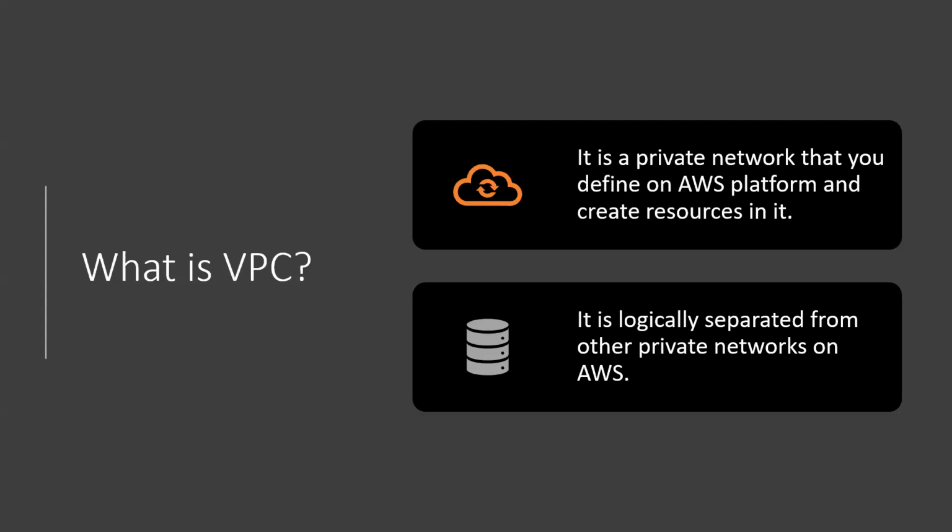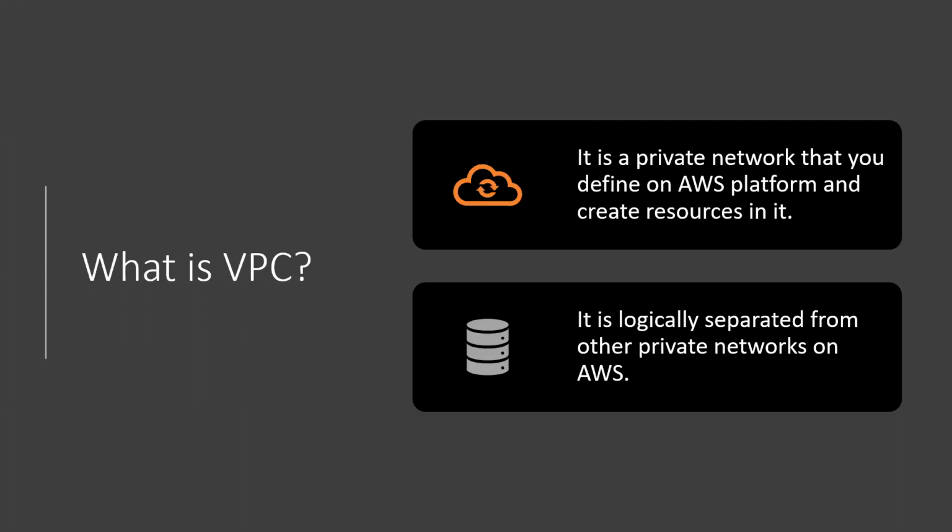That is very important, because you don't want things to be accessed publicly. Your own resources and services, you don't want exposed to the internet, so you create your private network. That is the whole concept of VPC, and the same applies on AWS.